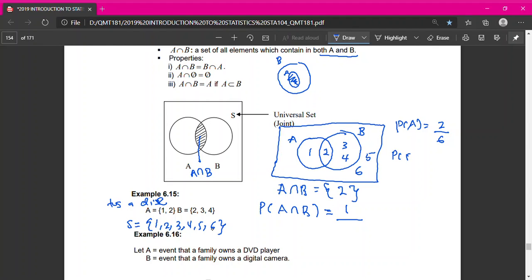Probability of B adalah 3 over 6. Untuk A intersect B pula, kita tahu outcome-nya nombor 2. So, the probability will be 1 per dengan sample space juga, which is 6.